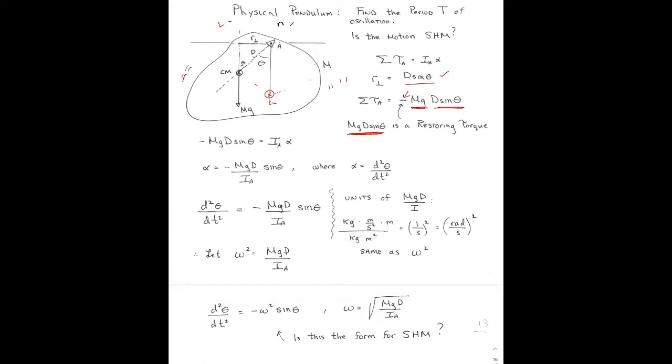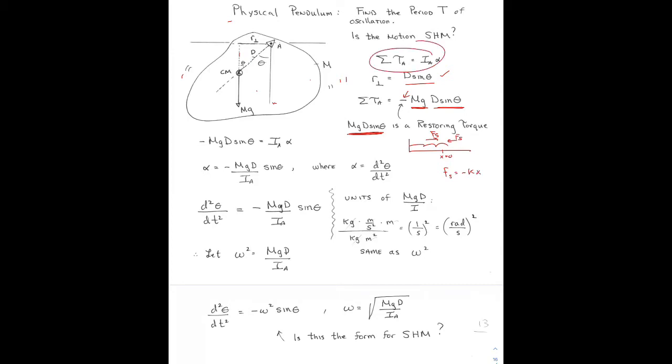If I move it off to the right, the torque due to mg wants to bring it back. If I displace it to the left, the torque due to mg wants to bring it back. So it's the exact same treatment. This whole business still reminds you of the mass on a spring, and there's your restoring force. Remember your Hooke's law, restoring force, same idea.